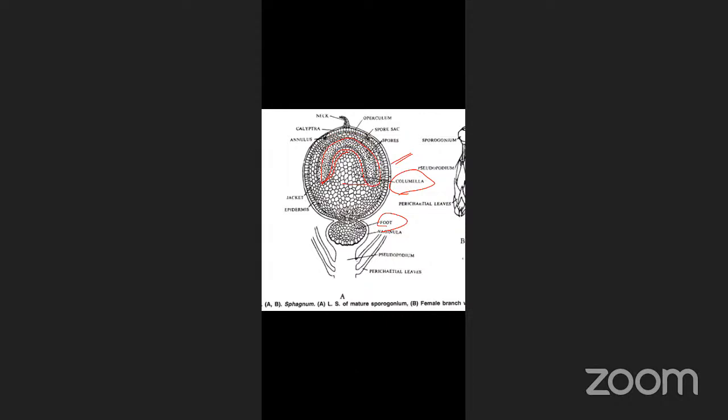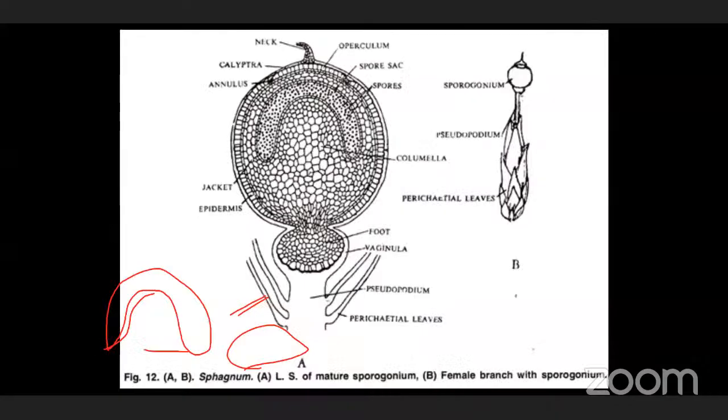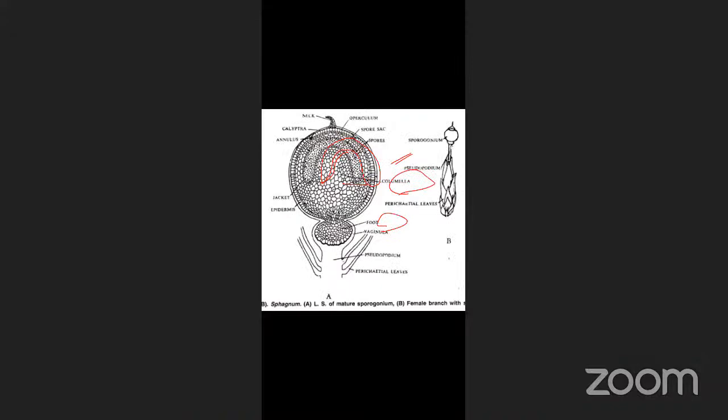Photosynthesis. That means the sporophyte can prepare food material, like Anthoceros. After the epidermis, chlorophyll is there. Due to the chlorophyll pigment, Anthoceros can prepare its own food material.